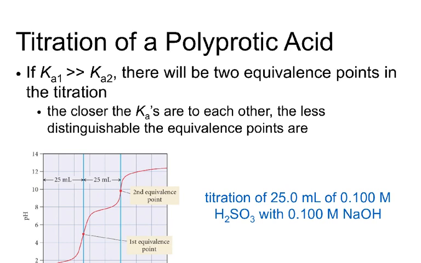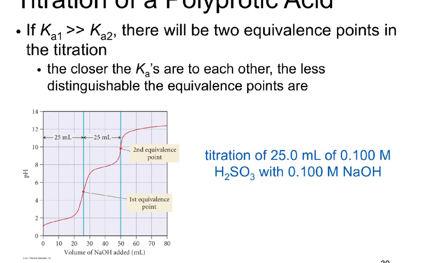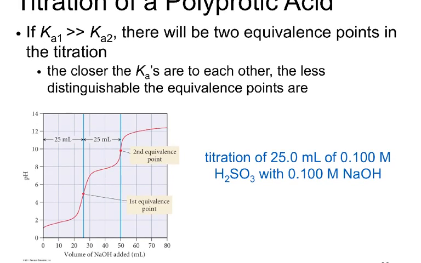What about polyprotic acids? If the difference in Ka values is significant, there's going to be 2 equivalence points. The closer they are to each other, the harder they are to see. And the volume from one equivalence point to the next equivalence point is equal to each other. So in this case, it's both 25 milliliters.